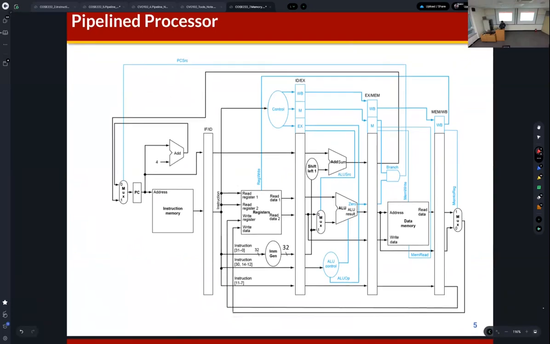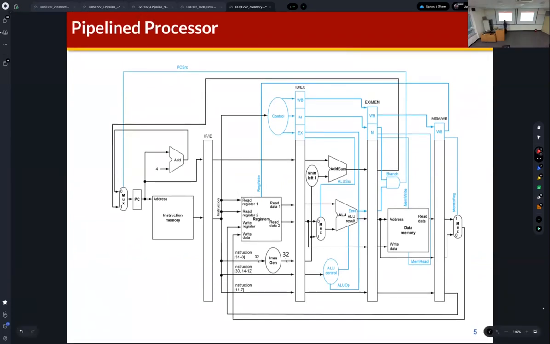Then what's the problem? This is the diagram of the pipeline processor. And where is the memory? The memory is here, and this is an instruction memory, right? And then the memory is here. This is a data memory.